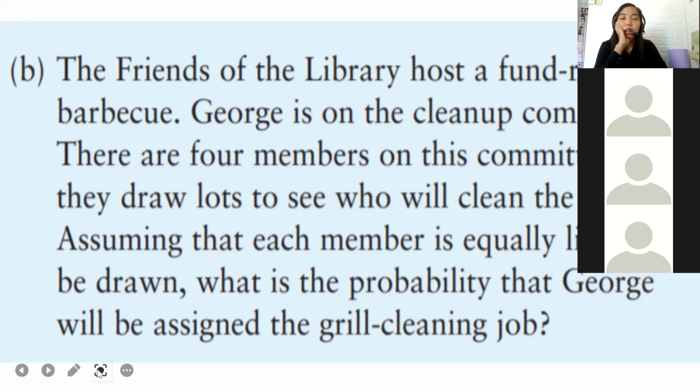All right. And you are asked to get what? The probability that George will be assigned the grill cleaning job. All right. So using the third, you said, using equally likely.